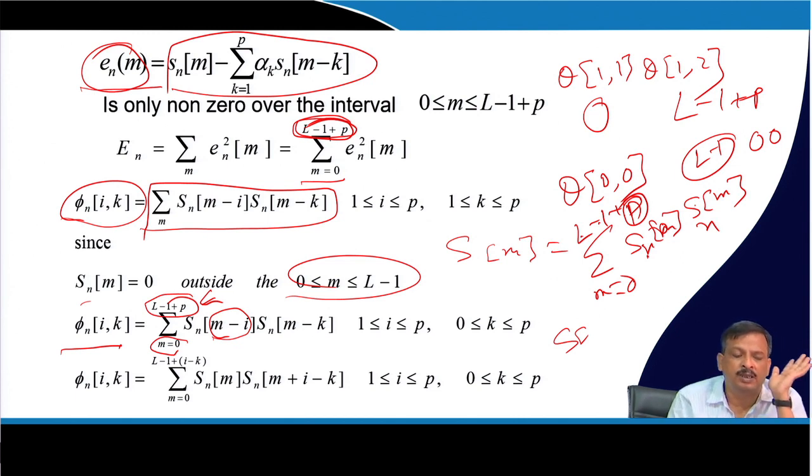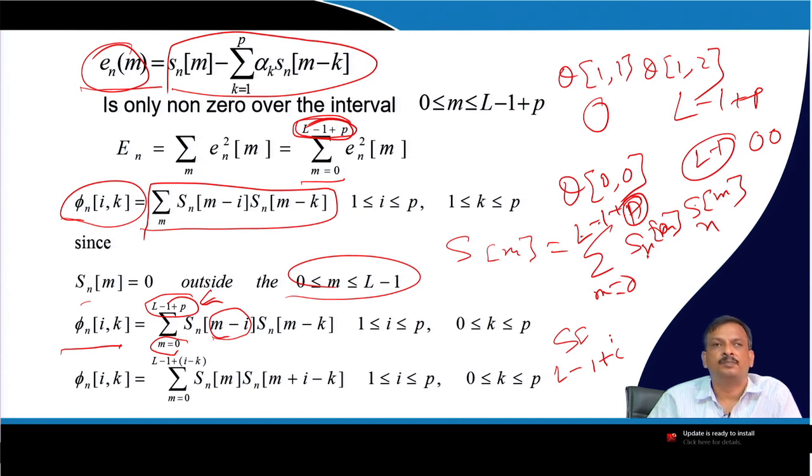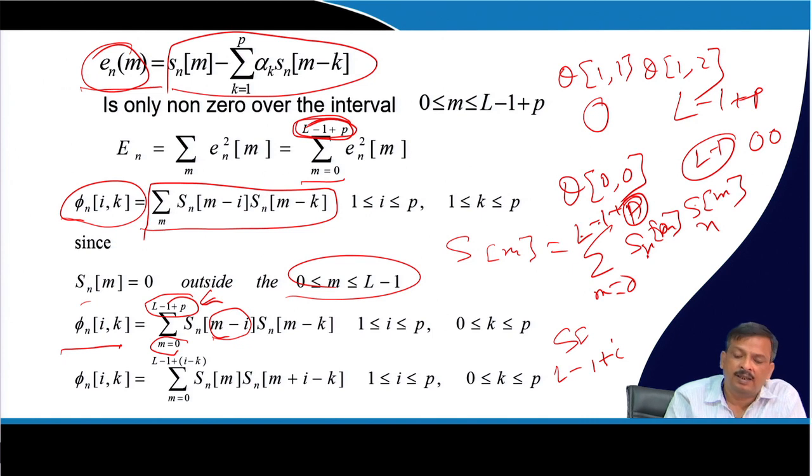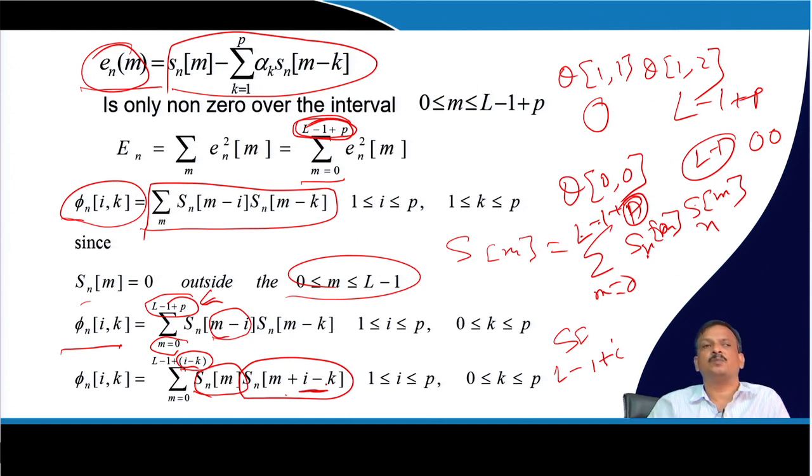Now it becomes L minus 1 plus i. So I can say L minus 1 plus i minus k, S_n(m) times S_n(m plus i minus k). I just change the index.